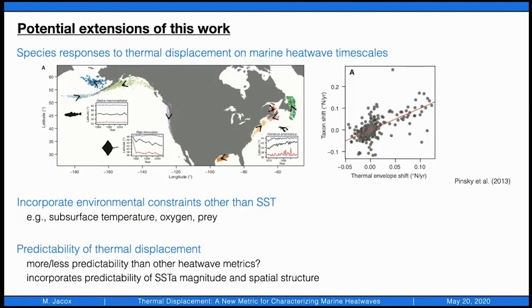And then lastly, especially given the nature of this panel and my interests, we'll want to look at predictability and see how the predictability of this thermal displacement relates to predictability of other marine heat wave metrics, like intensity, that we normally think about. And I think it's interesting in that it incorporates both the magnitude of anomalies in a region and also the spatial structure of the temperature field.